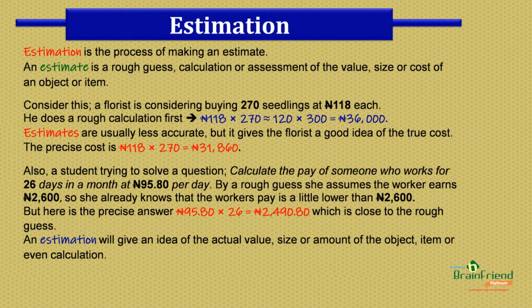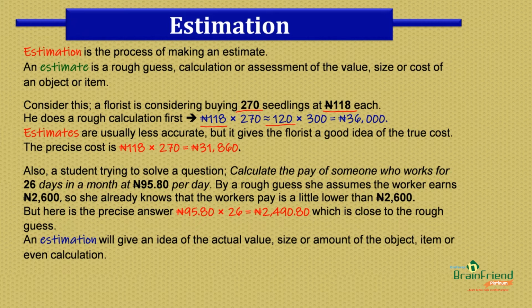Our example here says a florist is considering buying 270 seedlings at 118 naira each. The man does a rough calculation. Instead of using 118 naira, he uses 120 naira.